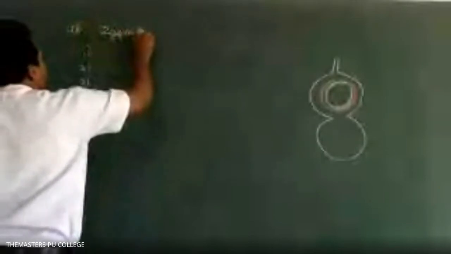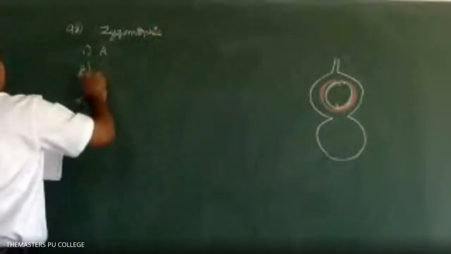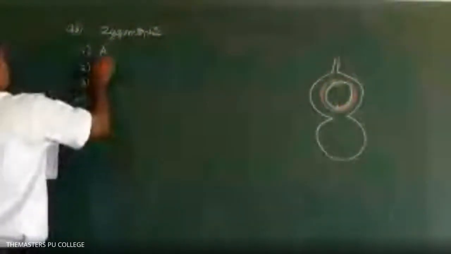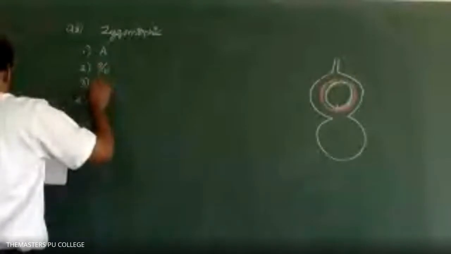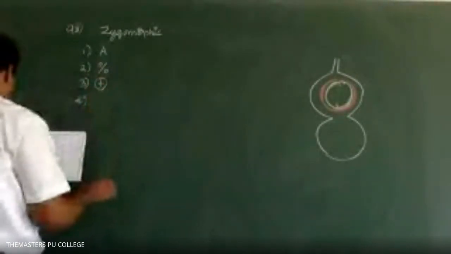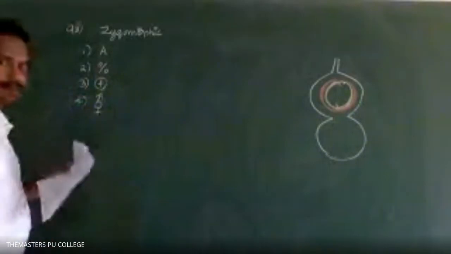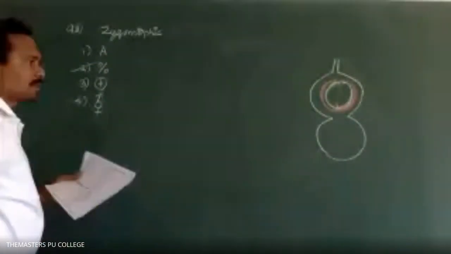Option 1 is A, option 2 is percent, option 3 is a plus symbol inside a circle, option 4 is an arrow mark above the circle and a plus symbol. Option 2, sir, percent. Very good. Option 3 is correct.